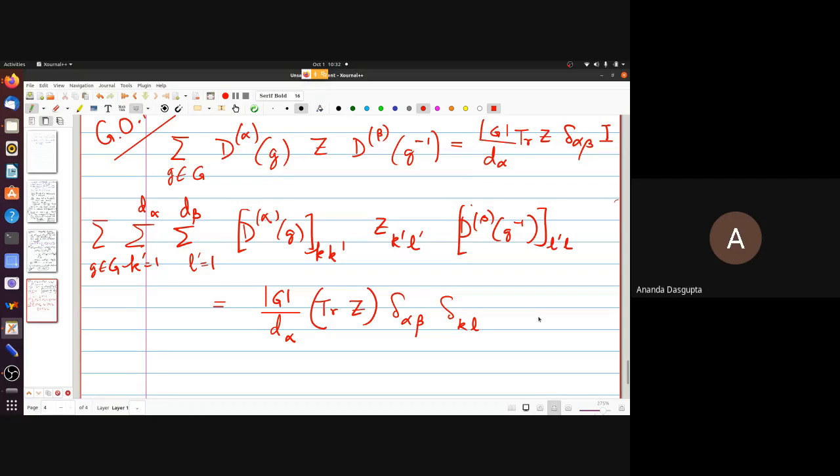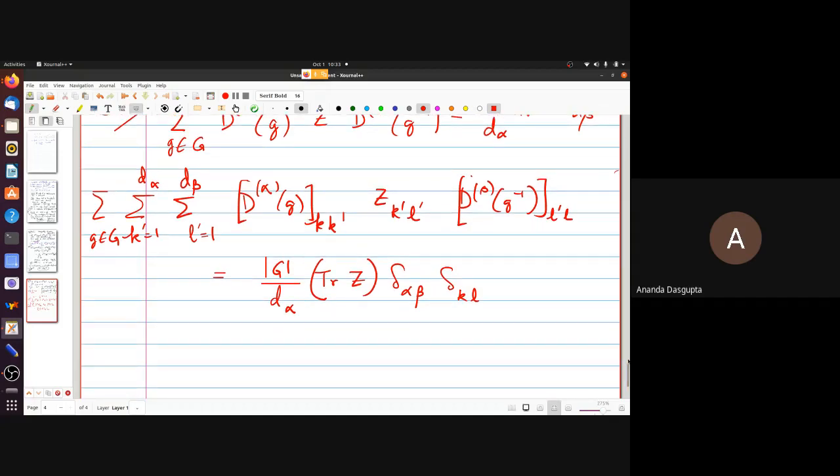Now comes the fact that this is true for all Z, right? I can choose Z to be anything I want. In particular, I could choose Z to be such that Z has only one non-zero element, say at the K prime L prime position. Of course, that is contradictory to what I wrote down a while ago, because K prime and L prime are not specific positions, they're dummy variables of summation.